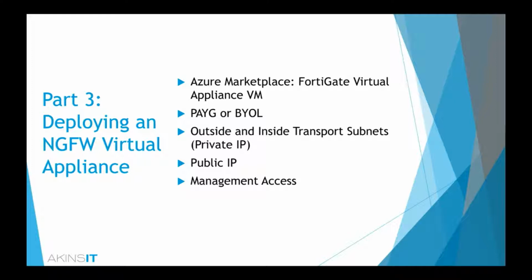Ideally, you want to bring your own license so that it's more cost-effective for you overall. I assigned those outside and inside subnets to the firewall. Again, it's just my WAN and LAN. Then I gave it a public IP address and management access. So right now I can manage the device through its public IP.